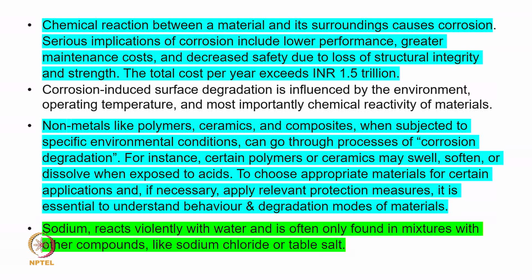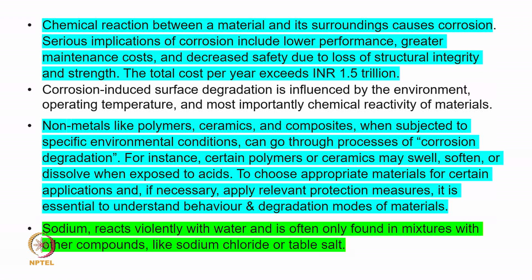Another thing is that we use the word material instead of metal, because most definitions use the word metal. They say a chemical reaction between a metal and its surroundings. In this case we have used material, not metal, the reason being that non-metals like polymers, ceramics and composites, when subjected to specific environmental conditions, can go through the process of corrosion degradation.